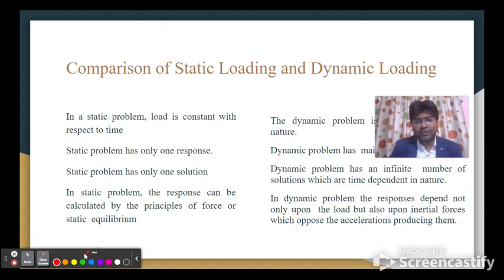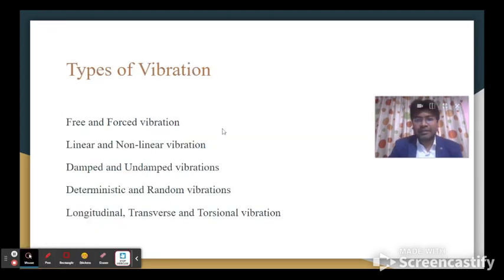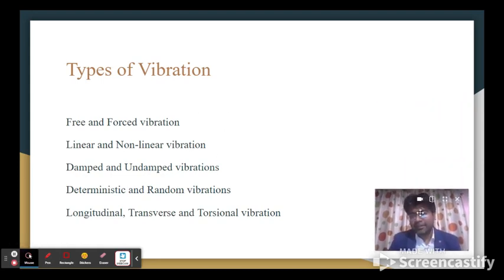Okay, now moving on to our next slide. Types of vibration. There are different types of vibrations. We will go through them one by one. Now, the first one is free vibration. What is free vibration?